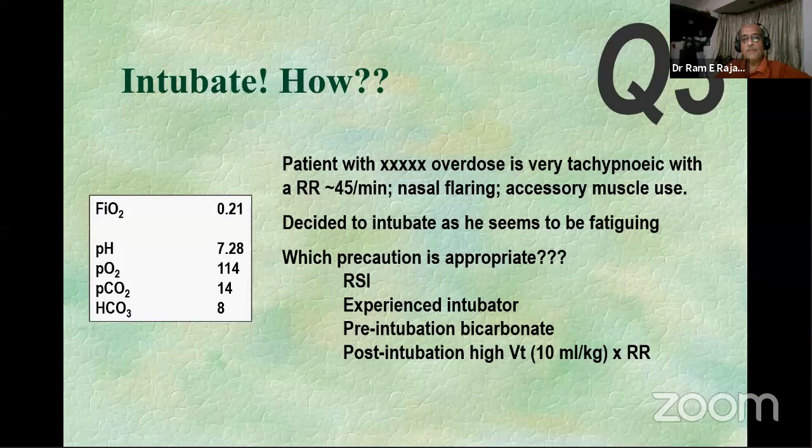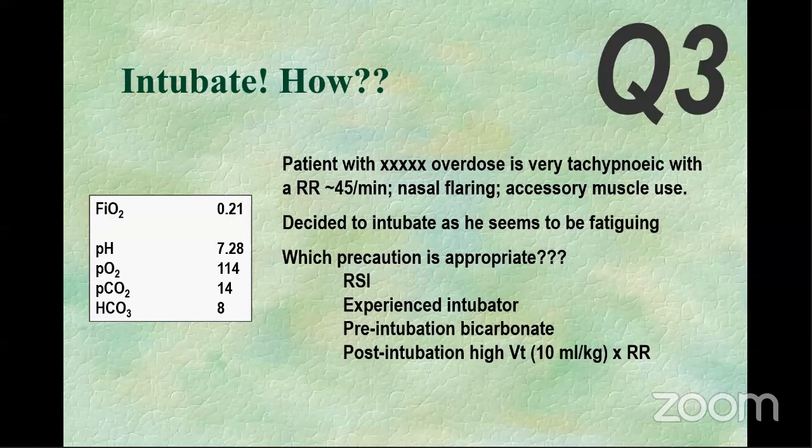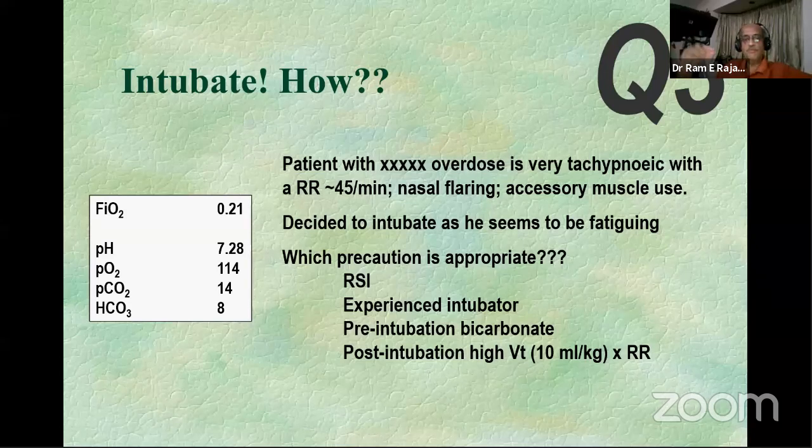The need for a rapid sequence, the need for an experienced intubator, and the need for a pre-intubation bicarbonate makes a lot of sense because you want to abbreviate the period of time that the patient is being hypoventilated. This is very peculiar for many of these acidotic conditions. It may not be true for, say, common chronic renal failure where you're going to intubate or something like that.